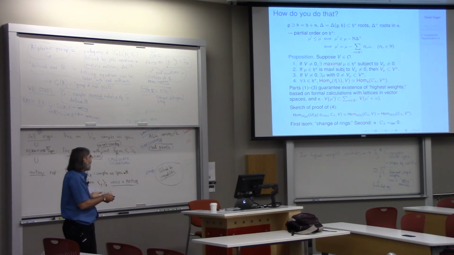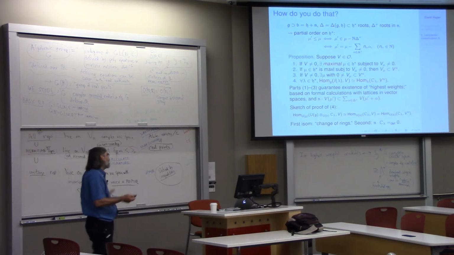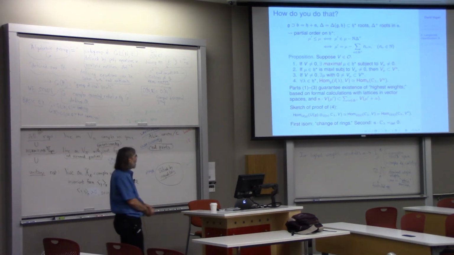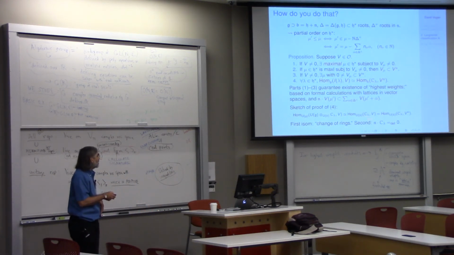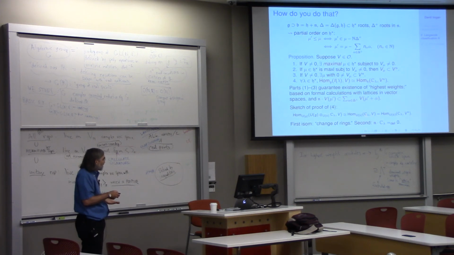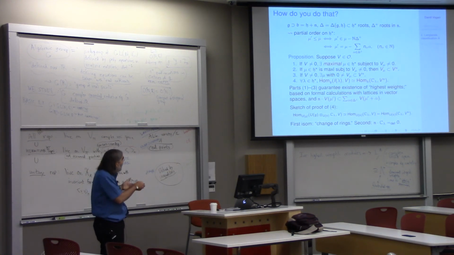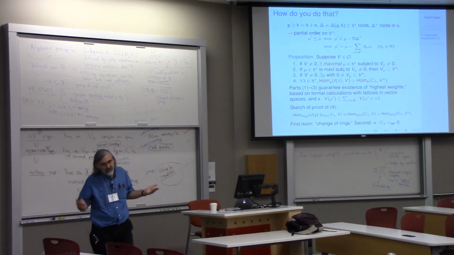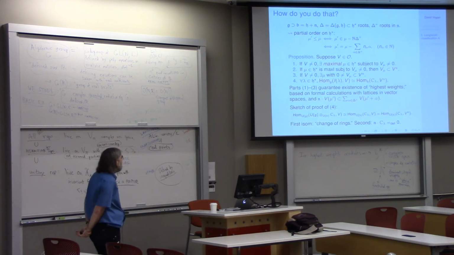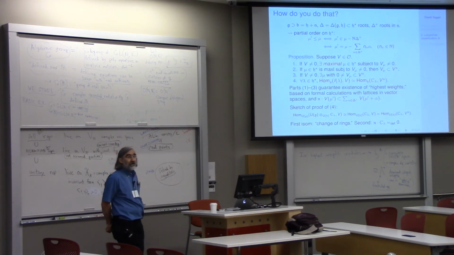So this isomorphism here is a change of rings theorem, and the second one is the fact that n acts by 0 on C lambda. So this proposition is what lets you do the classification of highest weight modules.